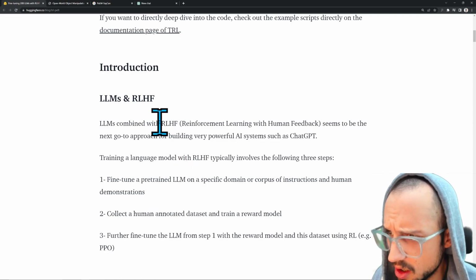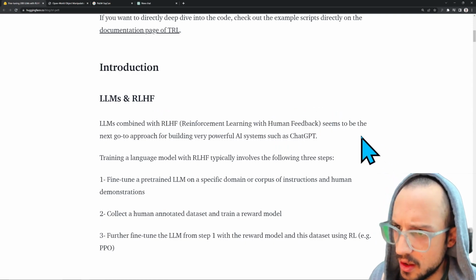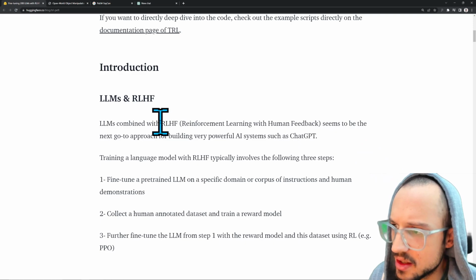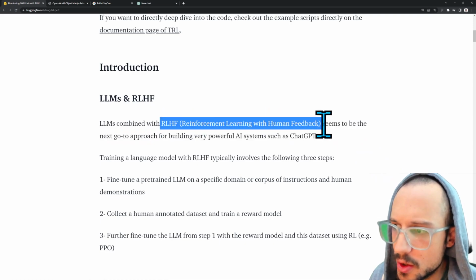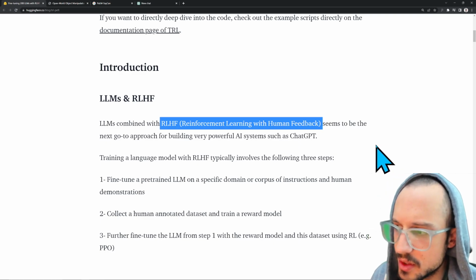RLHF is really about things like AI safety and making sure that the output of these LLMs is specifically what you want for some task.